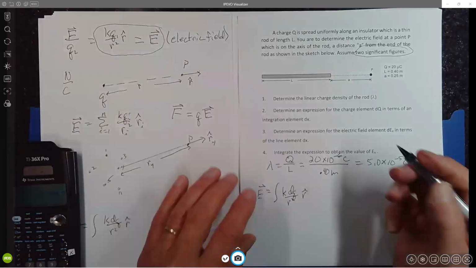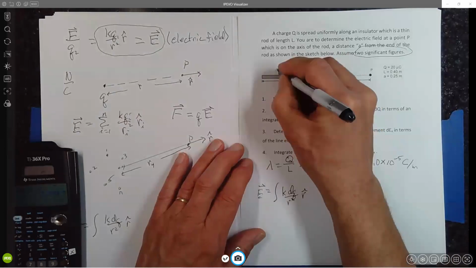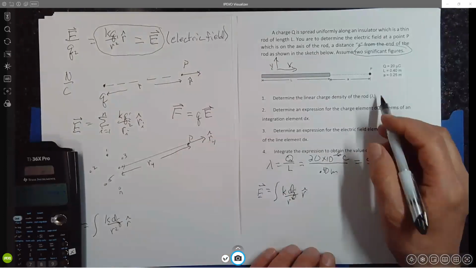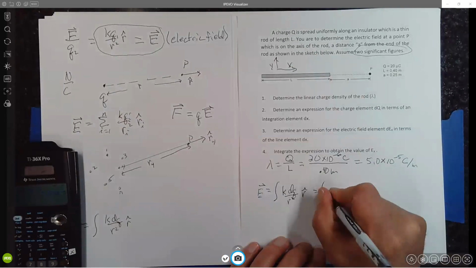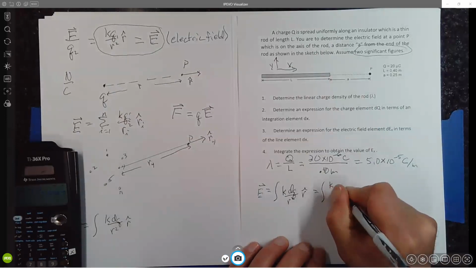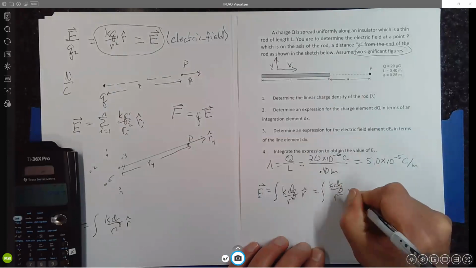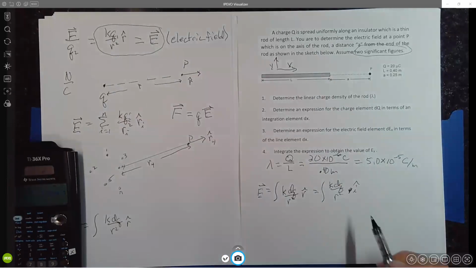If I let x point in that direction, and y be perpendicular to it, I can just call our unit vector i hat. So this thing could be k dq over r squared along i hat. Talking and writing at the same time again.